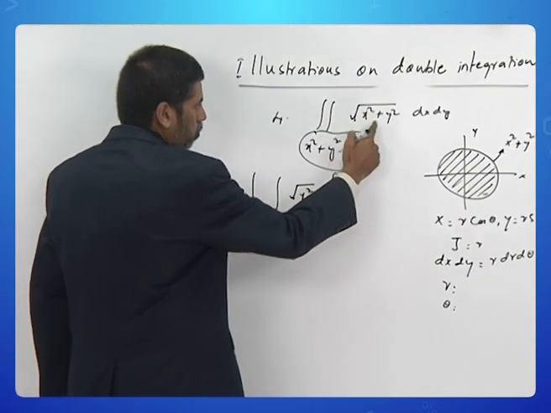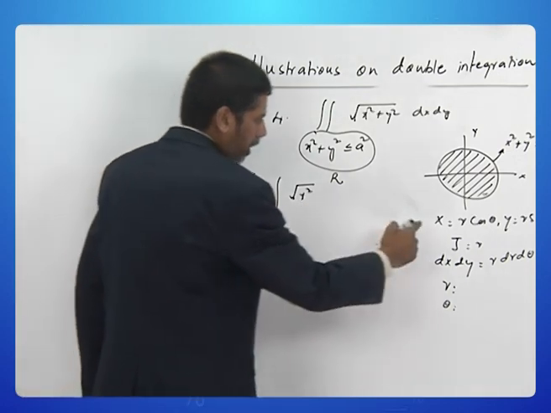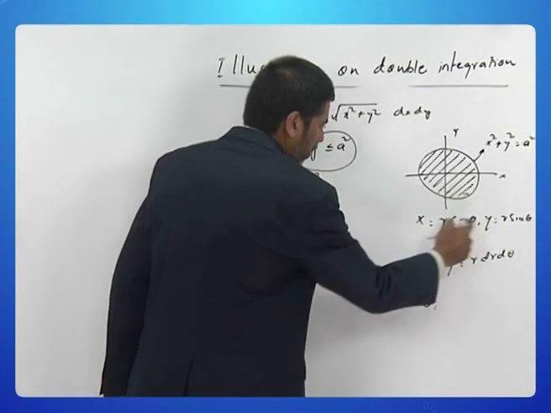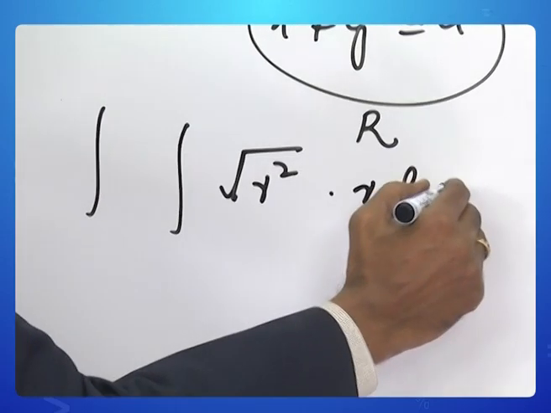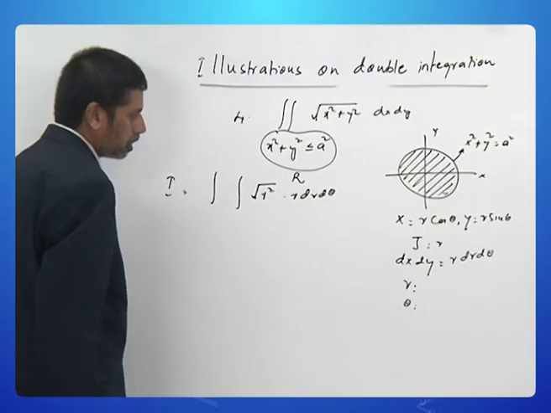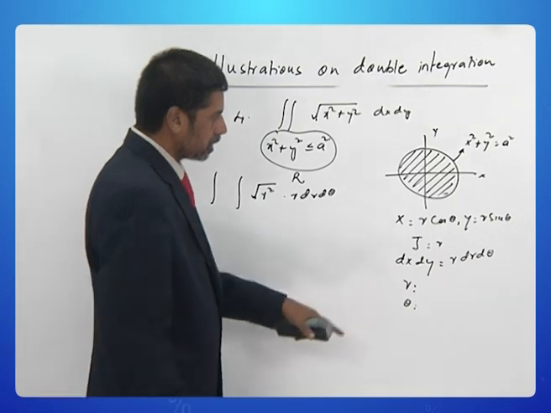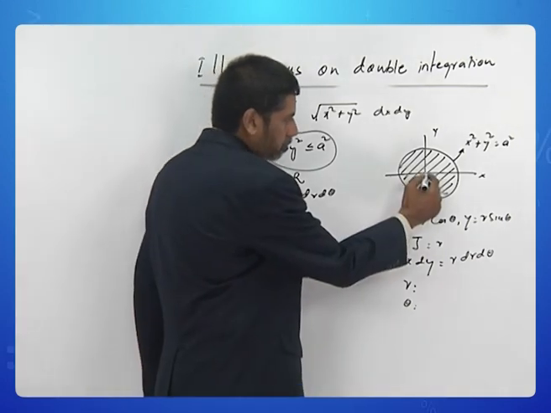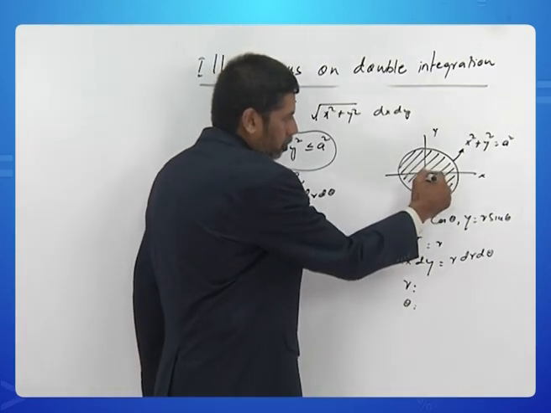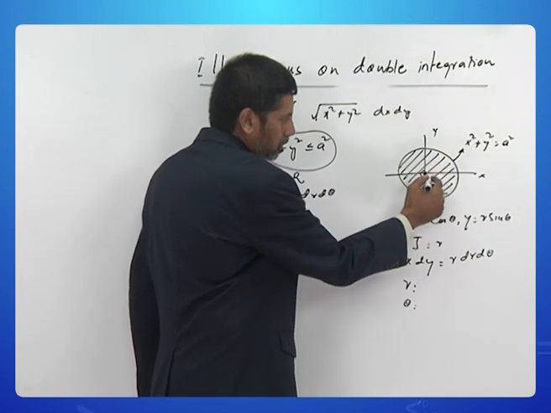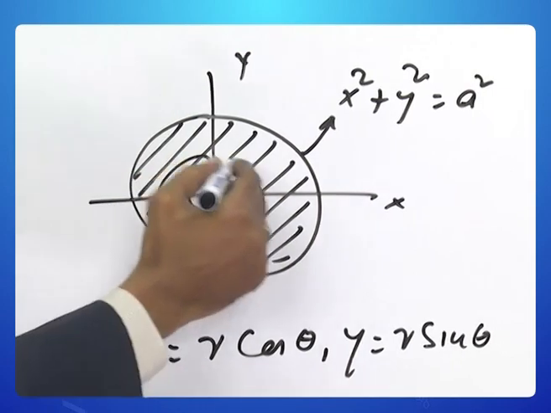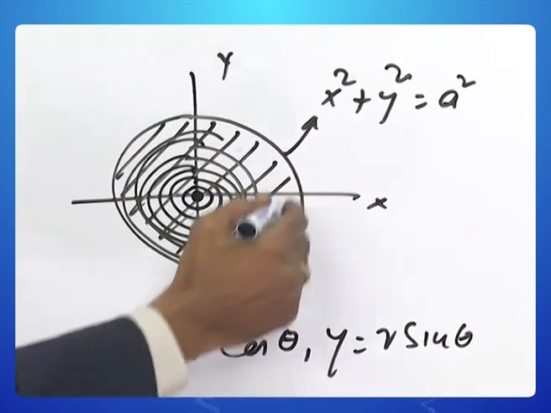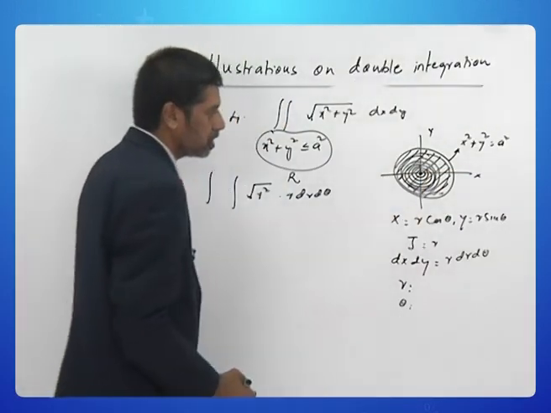The function becomes square root of r squared, because x squared plus y squared here will give you r squared, into r dr d theta. Now please observe that r varies from 0 to the radius of this circle, because the region grows from a point to a circle of radius a.